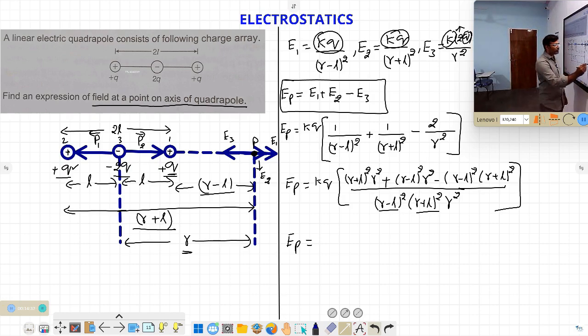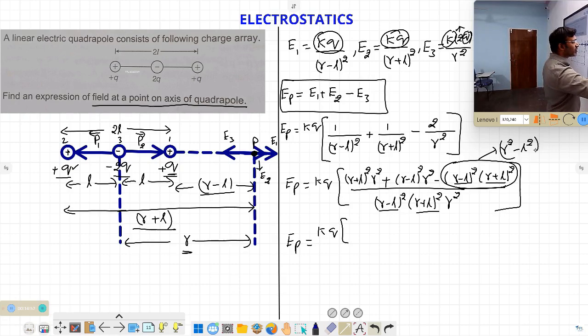Now, next step, I can write KQ into, here this is in the form of A minus B, A plus B. So first I can write this as A square minus B square form. That means the total term I am making here, I can write as (R square minus L square) whole square.